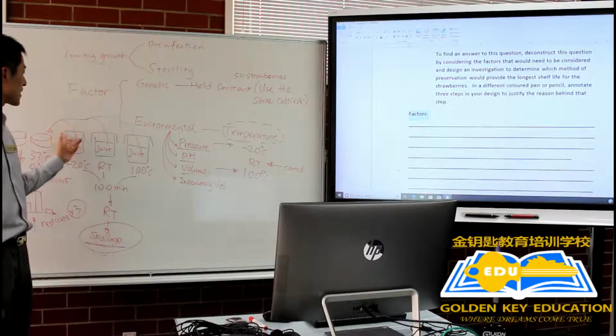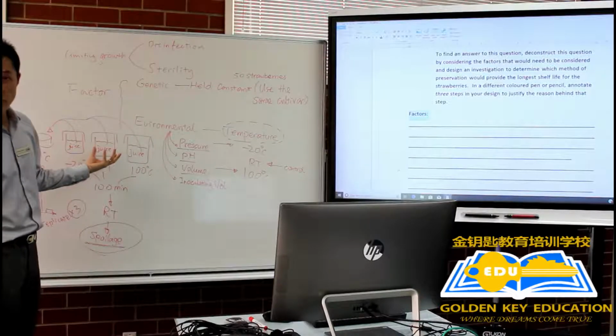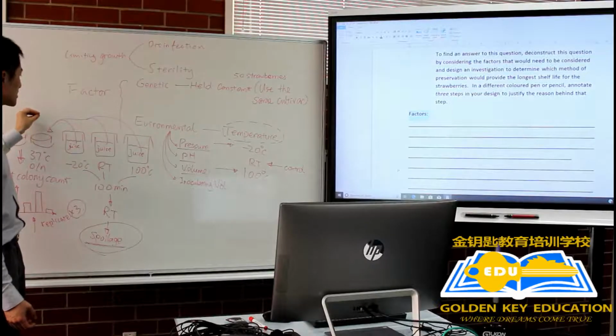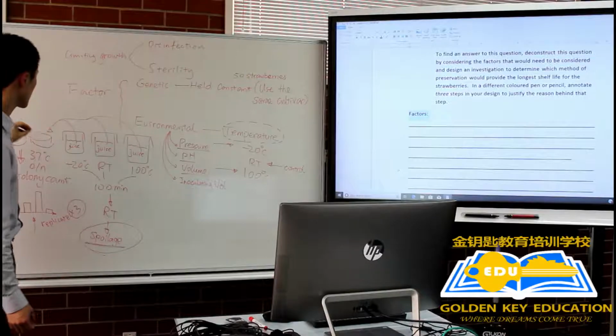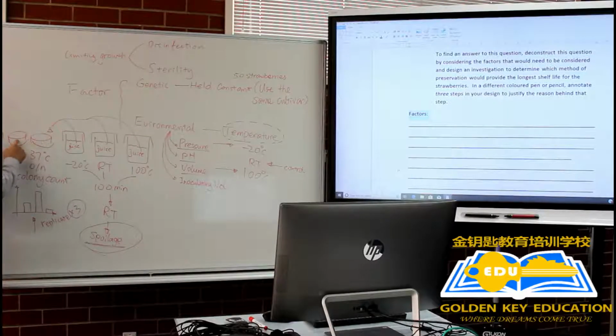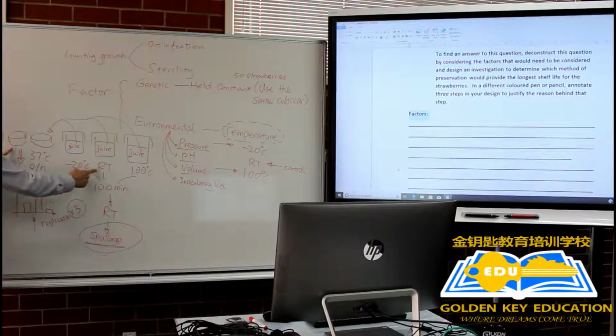We can do this by blending these into juice to start with, and taking a subfraction, maybe 50 microliters, to inoculate our nutrient agar. These nutrient agar plates will be inoculated from the minus 20, room temperature and 100 degrees Celsius samples. Then we incubate these plates overnight at 37 degrees Celsius, and on the next day we count the number of colonies that are formed.